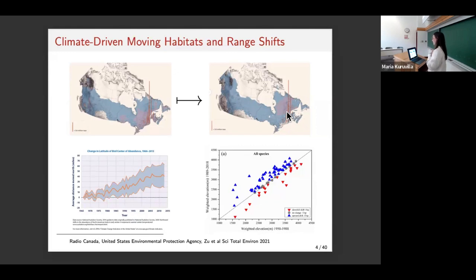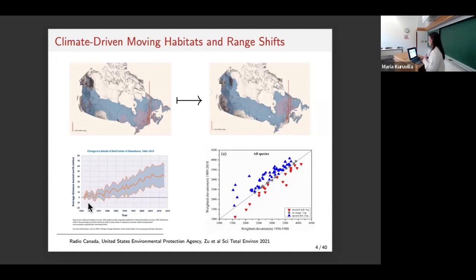Not just humans have to respond, but also species are responding, correspondingly with range shifts. So here we can see the change in latitude of the bird center of abundance. This figure is referencing how it is corresponding to temperature shifts as well.